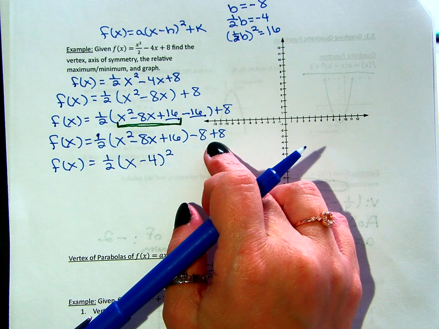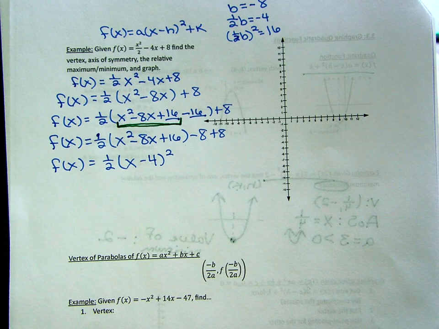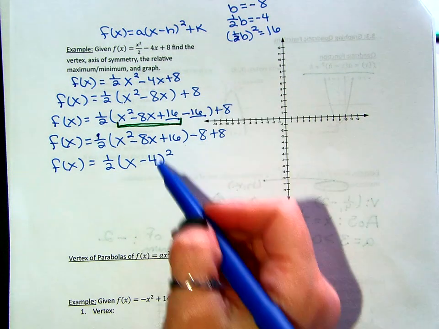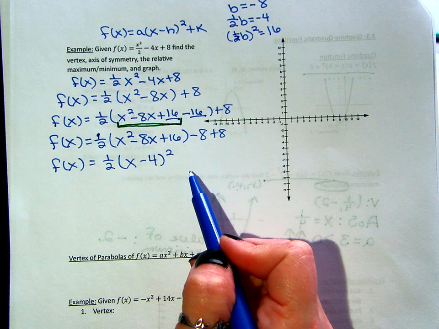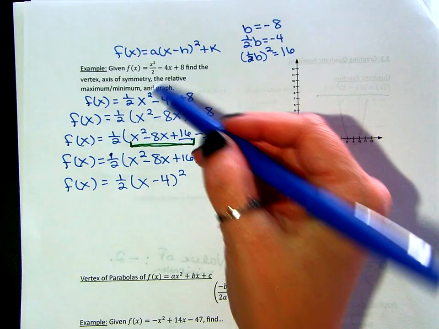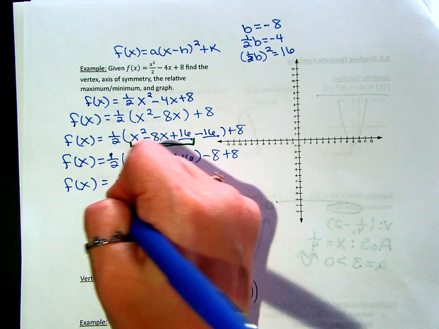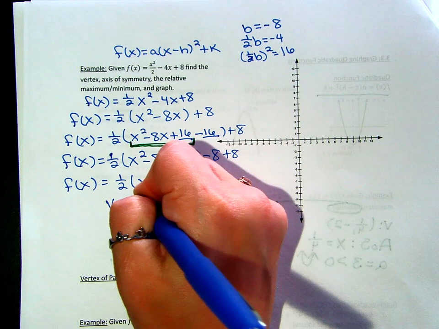That just means we're going to lie right on an axis. And as weird as all of this was, we did get down to the format we were looking for. We got down to a times (x minus h) squared plus k. The vertex is your (h, k), so in this case it's 4, and there's no plus out here, so it's 0.